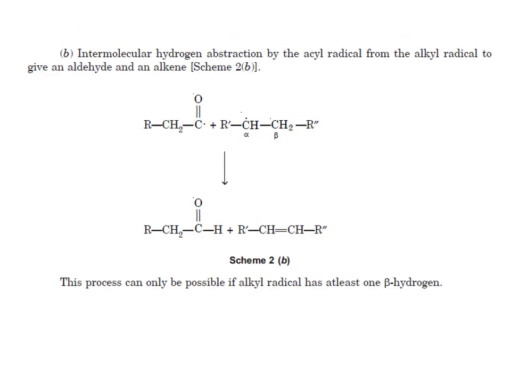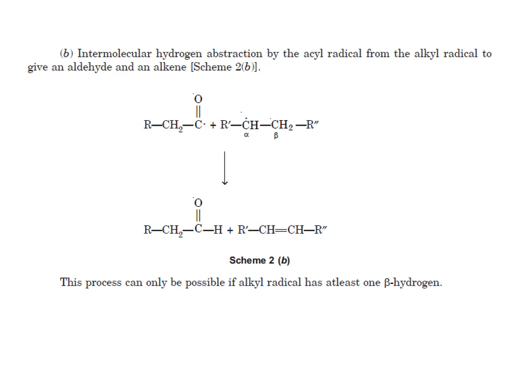Now the second process, number B, is intermolecular hydrogen abstraction by the acyl radical from an alkyl radical to give an aldehyde and an alkene, as shown in scheme 2b. Here we see that RCH2C double bond O, the acyl radical, reacts with the alkyl radical RCH dot CH2R dash.